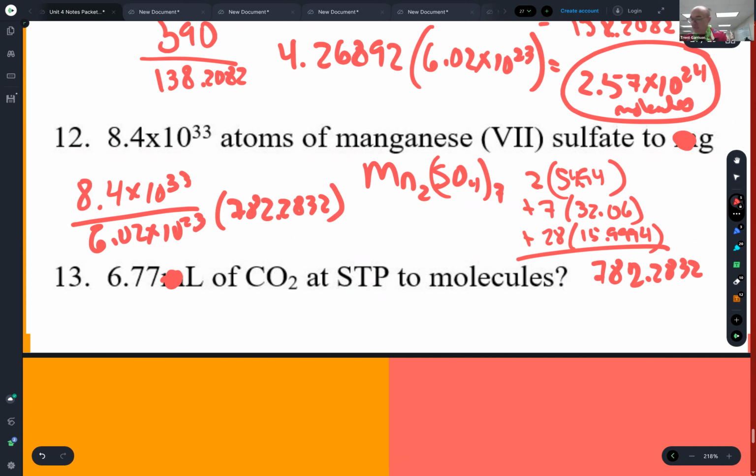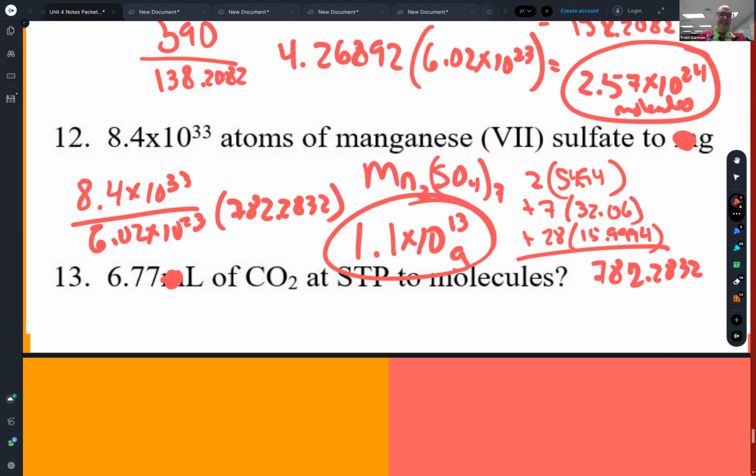So all of this is going to come together. And I will get my final answer is 1.1 times 10 to the 13 grams. That's a lot. I don't think there's that much material on the whole earth.